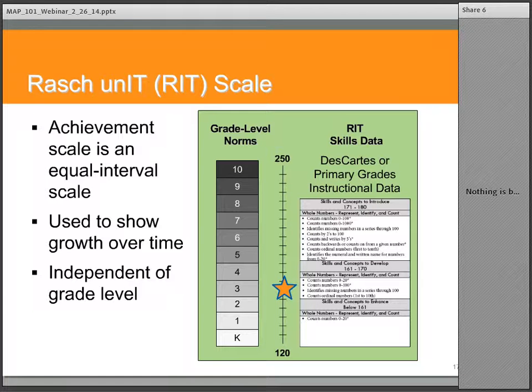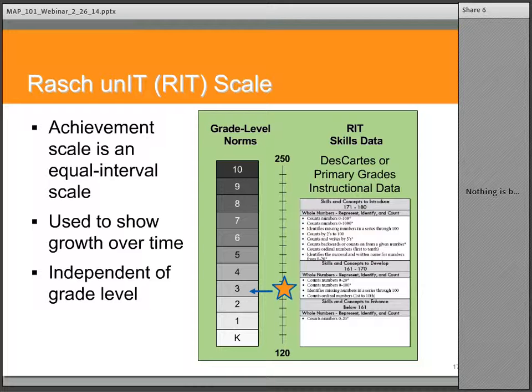This little star shows where that 196 was for that 6th grade student whose results we just saw. So what it tells us is that a RIT band has, this one has, between 120 and 250 intervals. So the 196 falls right here where the star is.